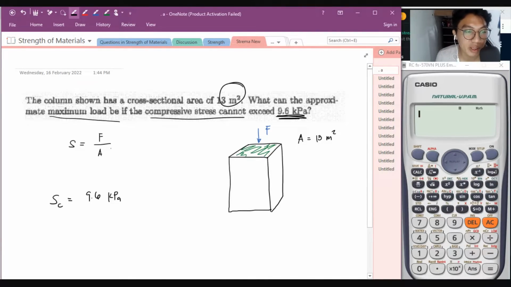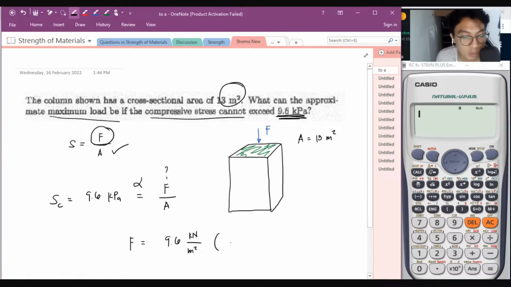Ngayon, meron tayong given area, ang hinahanap natin yung compressive force. So, that will be equal to force over the area that is given. Cross multiply natin, okay, para makuha natin yung missing na force. So, the force missing there is 9.6 kilonewton per meter squared, you multiply it with the area that is given, 13 meters squared. Very basic. You cancel all the same units, you will arrive with the unit of the force, which is kilonewtons.